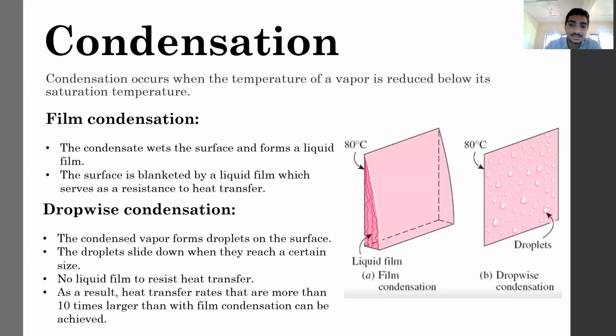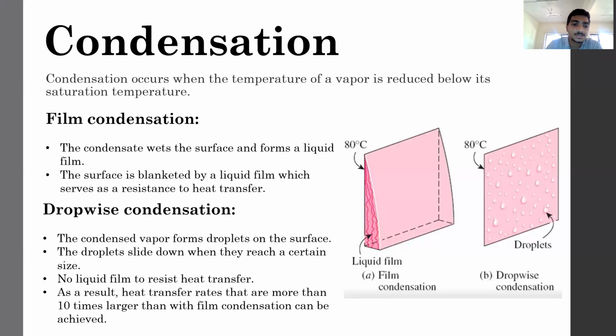We can see 80 degrees Celsius as the temperature, and also a liquid film on the lower side. Let's see the second diagram, which is dropwise condensation, which we can see on windows whenever water droplets occur. That is an example of dropwise condensation.